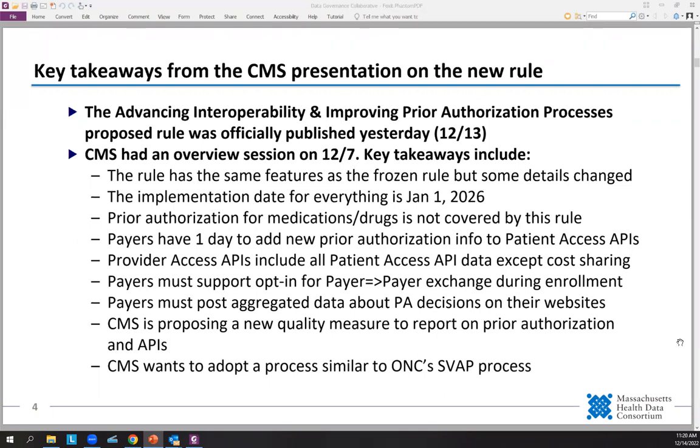But if I remember correctly, the bulk piece would be used at that element. So if there wasn't a standard enrollment period, then I believe that you had to do it once a year at the end of Q1 of the year. But then for each plan, if there was a set enrollment, it was 30 days after the enrollment period ended, and so it was a once a year thing, and then the rest of the year, it was the individual patient request. So the individual patient request, which is what was in the original interoperability rule, still has to be supported the same way.